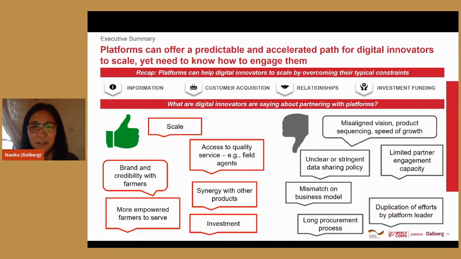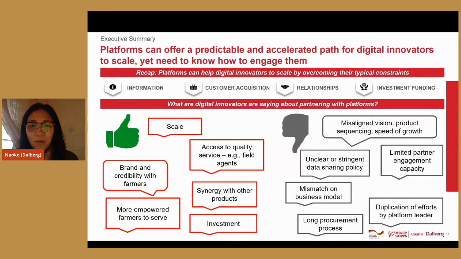Tech innovators find that working with the platform gives them scale and speed of scaling. They give the brand and the credibility with farmers. We constantly hear from the farmers that they went with this provider because we know them, and that's really important.